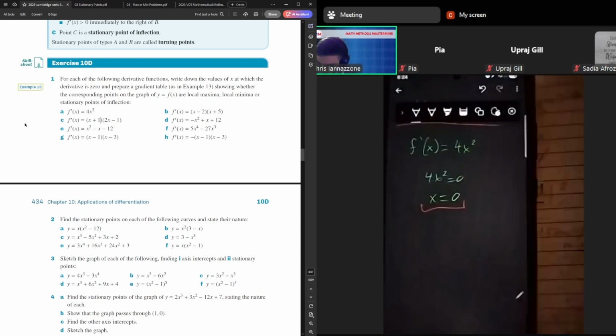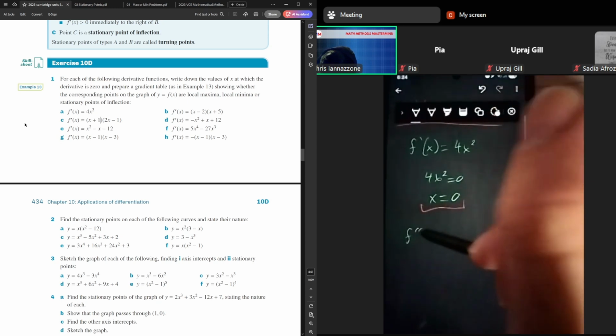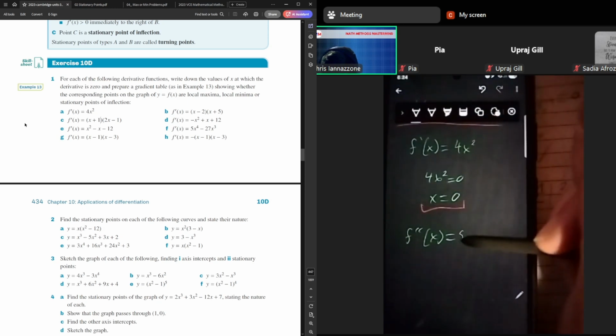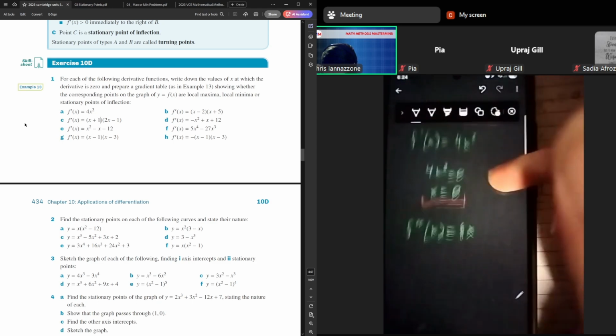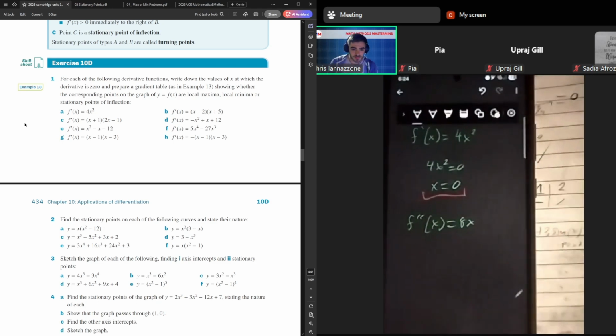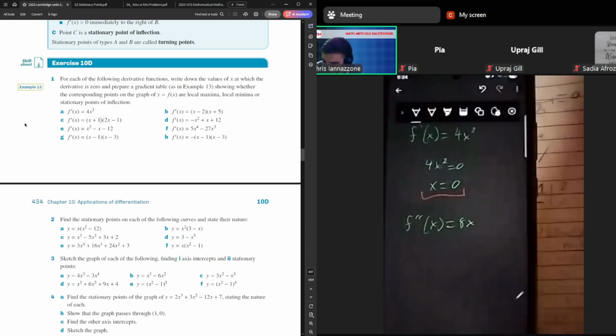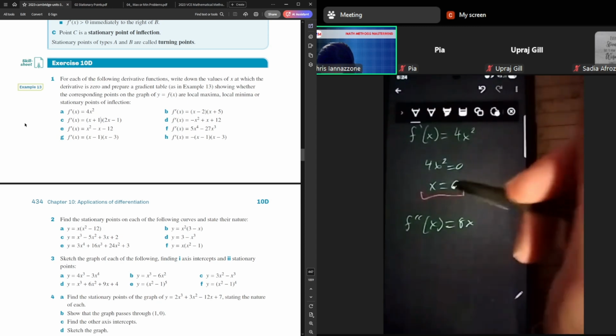Double derive? Yep, easy. f dash dash of x means finding the derivative of this, so 8x. All right, we've double derived. What are we doing here? Sub in x equals 0, yes, because that was our x coordinate.